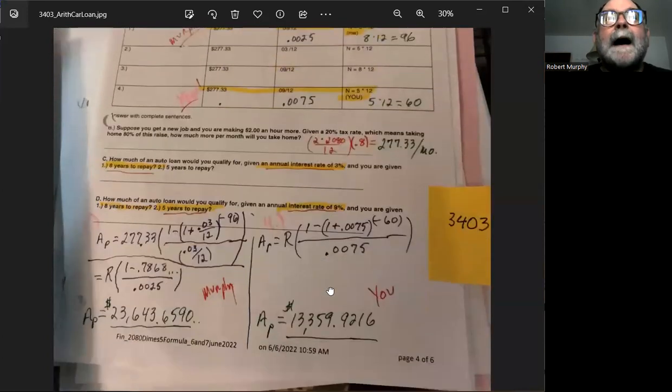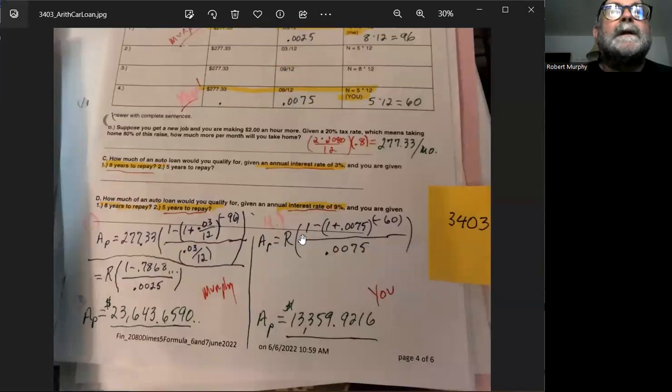So notice how the formula, when you fill it in, there's a lot going on, but it's still filled in the same way. 1 plus 0.0075. So this whole quantity gets raised to negative 60 power. Totally easy to screw up.